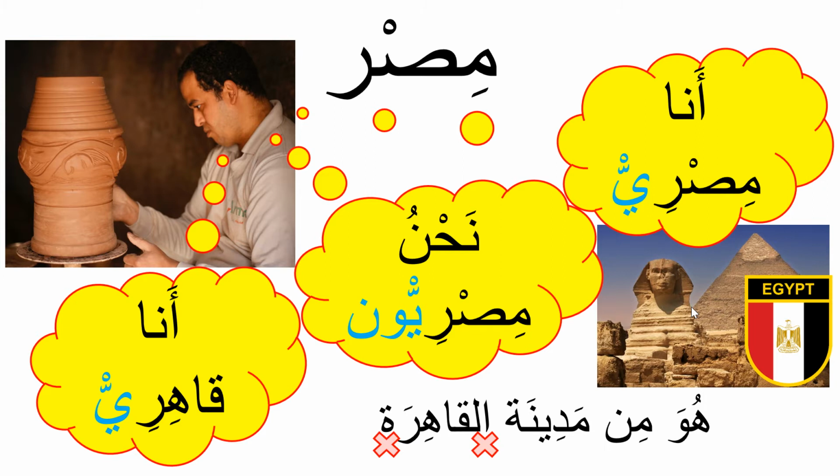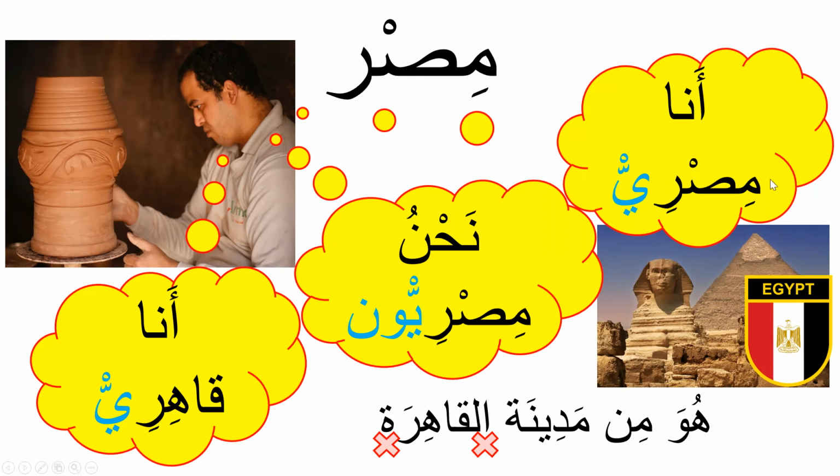What we do in Arabic sometimes is we take either a proper name or a place name, some type of noun, like in this case Egypt, Misr, and we make it into a nisba adjective by adding the ya to the end of the word. Now, if there's a ya already there, we will remove it. If there's a ya followed by an aleph already there, we will remove it before we add this ya.